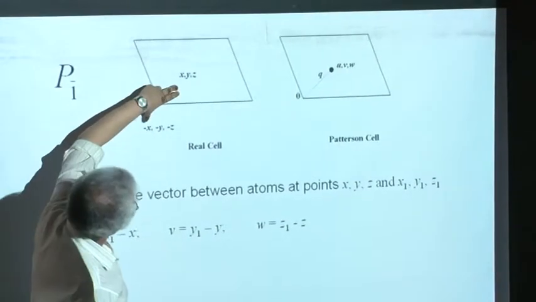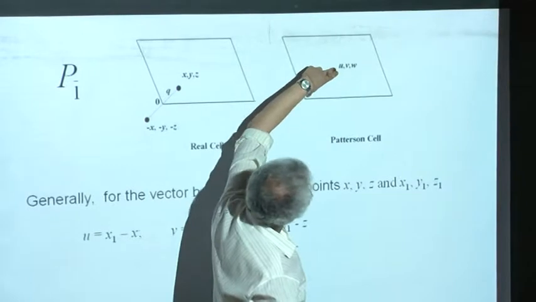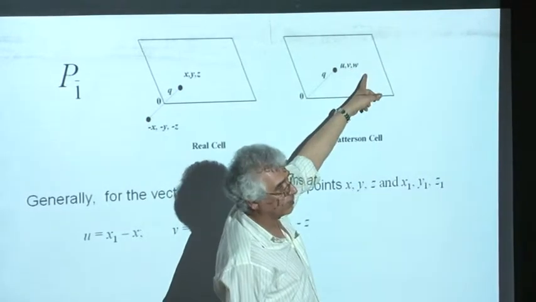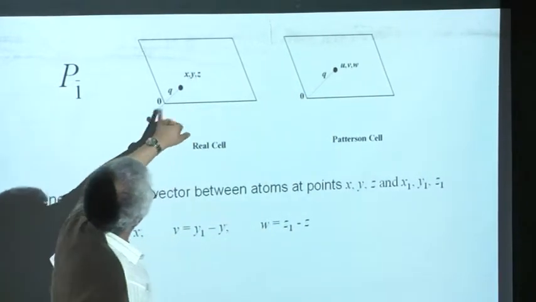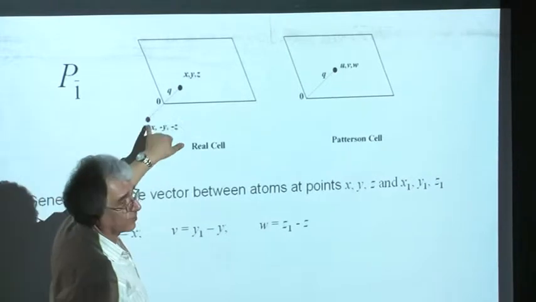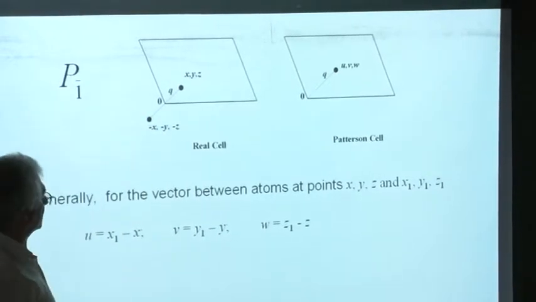So that is shifted to that distance there to give you point UVW with a height corresponding to the product of those two electron densities.